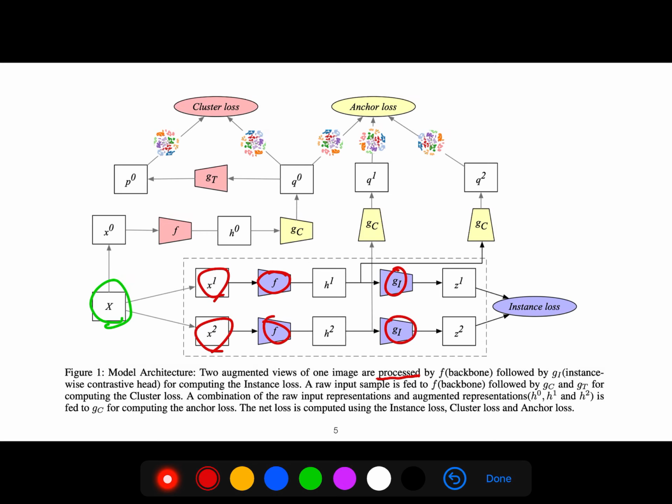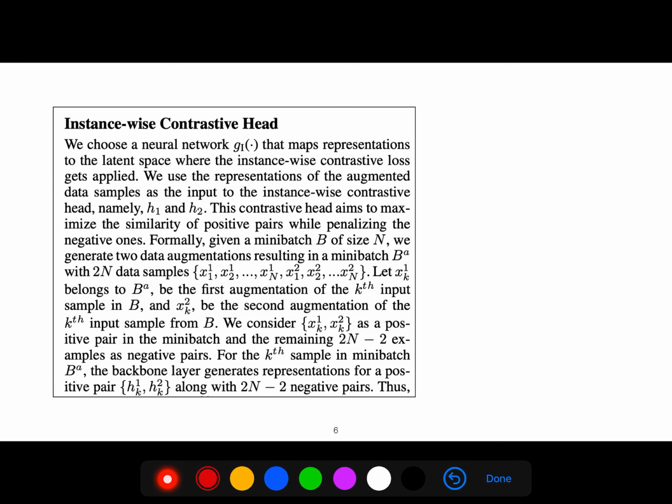A raw input sample is fed to this backbone, followed by G_C and G_T for computing the cluster loss. So we calculate the cluster loss here. But the net loss is the sum of all 3 losses, computed using the instance loss, cluster loss, and anchor loss, 3 different losses.